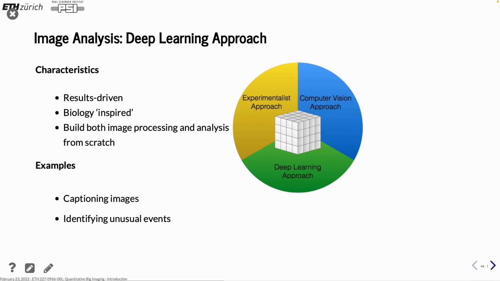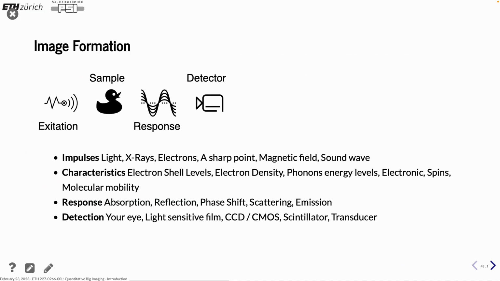You have really different approaches, but under the hood it's very similar math to the computer vision approach, though you don't see it in that sense. What you do is put captions on images, and it can also be used to identify unusual events in your data.